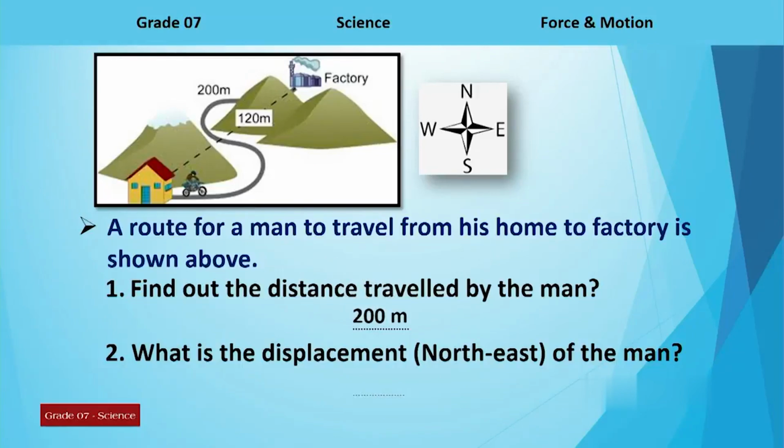Find out the distance travelled by the man means the length of the road, that is 200 meters. In the second question, you are asked to find out the displacement northeast of the man. What is the displacement of the man? The answer is, it is clear, 120 meters. The direction is given.